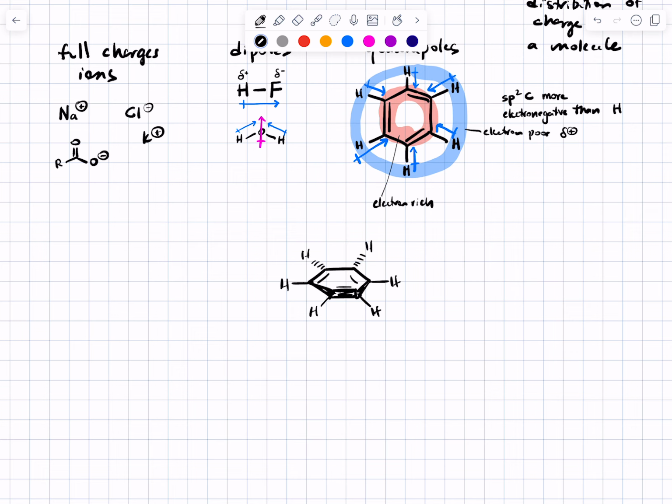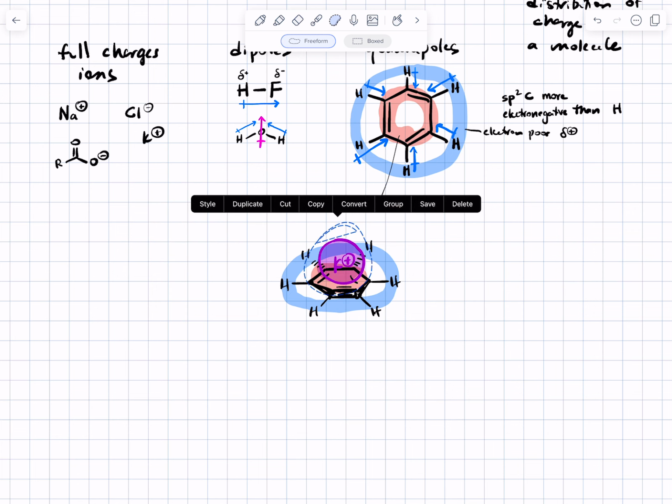And people discovered, and again I'll use highlighting to illustrate, the face is electron rich, the edge is electron poor, that you could have a positively charged ion, for example potassium, and potassium is a decently large ion, so we'll color that in. In the gas phase, in a vacuum, it's actually pretty common to see the ion of potassium sitting on top of that negatively charged portion of the benzene ring.